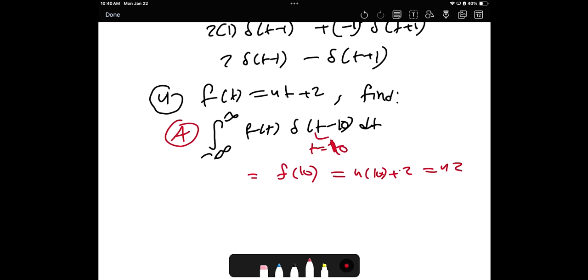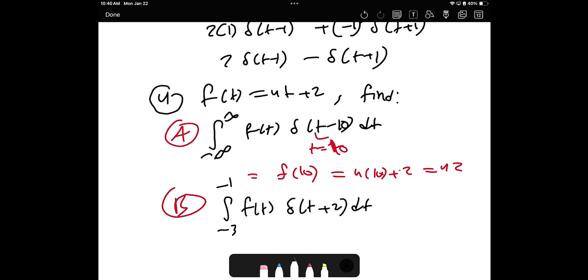Then, part B, we need to calculate the integral between negative 3 to negative 1 of f of t delta t plus 2 dt.